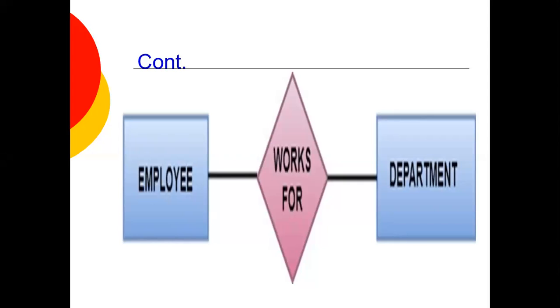How the employee is connected to his or her department, this diamond shaped symbol will indicate the relationship. So with the help of the entity, we can create the relationship among various entities here. So works for indicates the relationship. In this diagram, we can see this special symbol indicates the relationship.